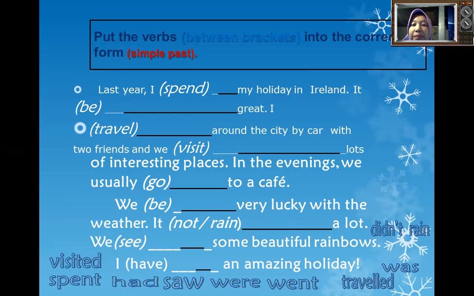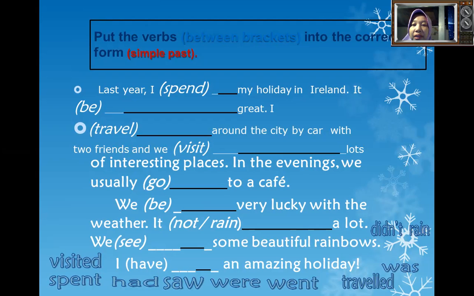Last year I spent my holiday in Ireland. It, how about be here? Use was. It was great. What do you think for travel here? Travel becomes traveled. That's right.